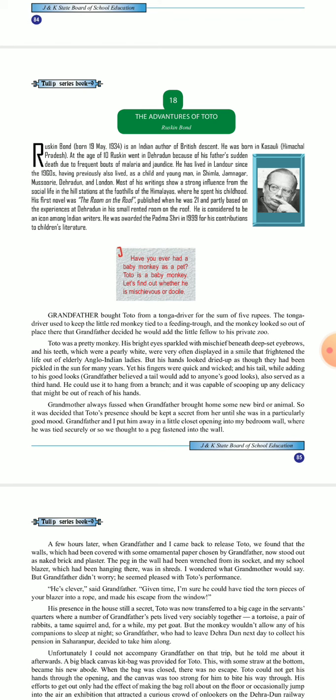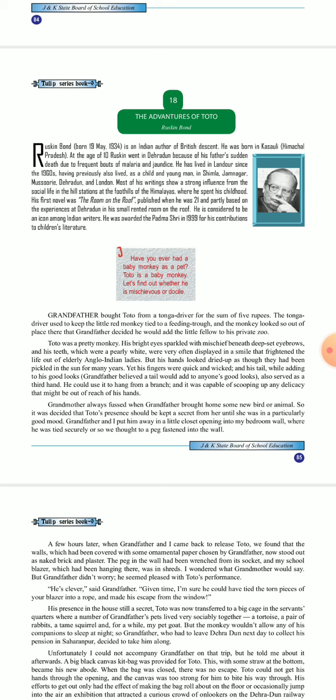Dear students, adventure means a feeling of desire for new and exciting things. And the second thing that I also already explained is icon. Icon means image, symbol or a representation.